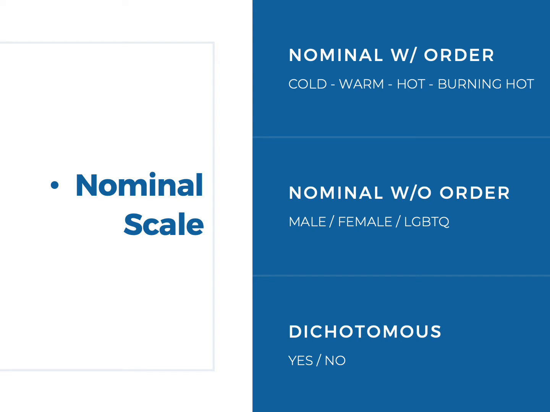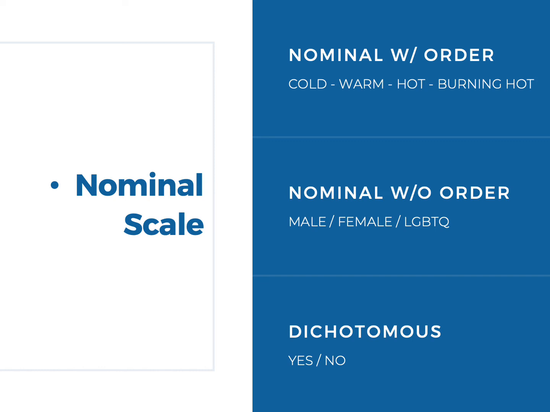Let's deepen our discussion. Nominal data can be broken down again into 3 categories: nominal with order, nominal without order, and dichotomous. Examples of nominal data with order include cold, warm, hot, and very hot.